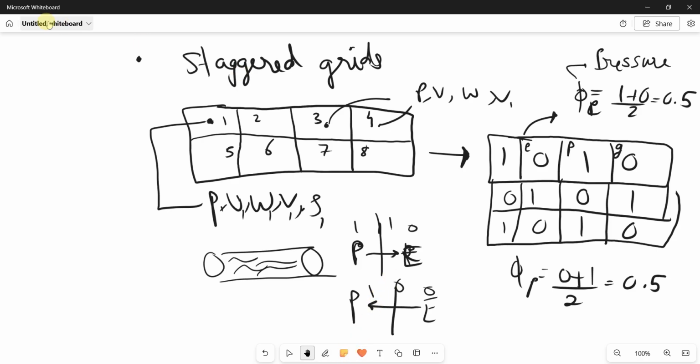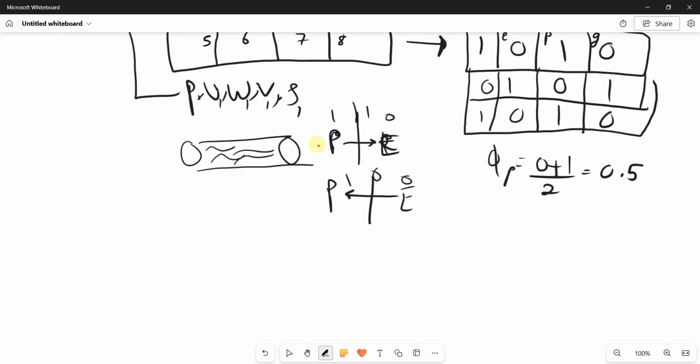Now just think logically. Suppose you have water running inside a pipe, and you now flow it from the opposite side. The pressure at that point shouldn't change, right? But at one time you're getting 1, and when you reverse the flow you're getting 0, according to the upwind concept. So it is kind of illogical.